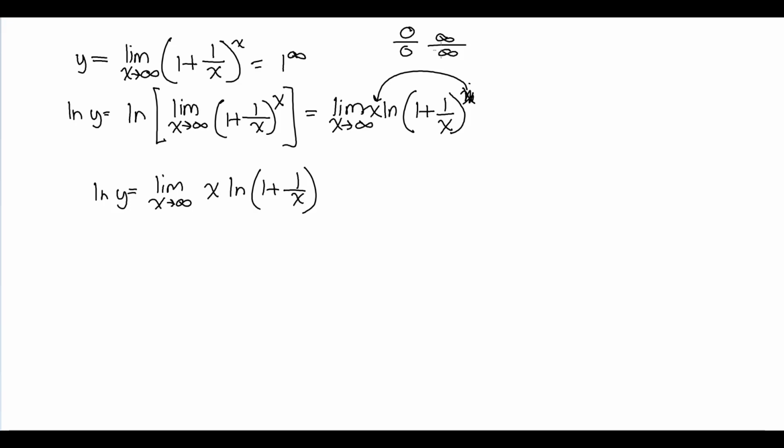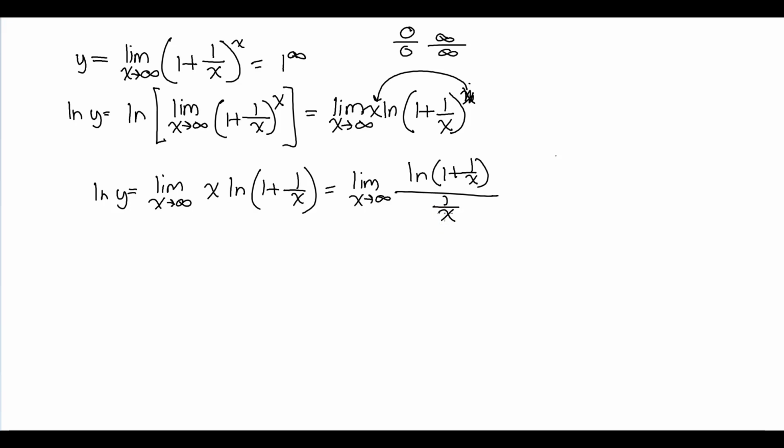Now, ln we can't really bring to the bottom, okay? So we'll have to keep that on the top. There's no inverse ln. So the only way we can get 0 over 0 or infinity over infinity is to bring x to the bottom. And the only way to do that is to rewrite this function as ln of 1 plus 1 over x over 1 over x.